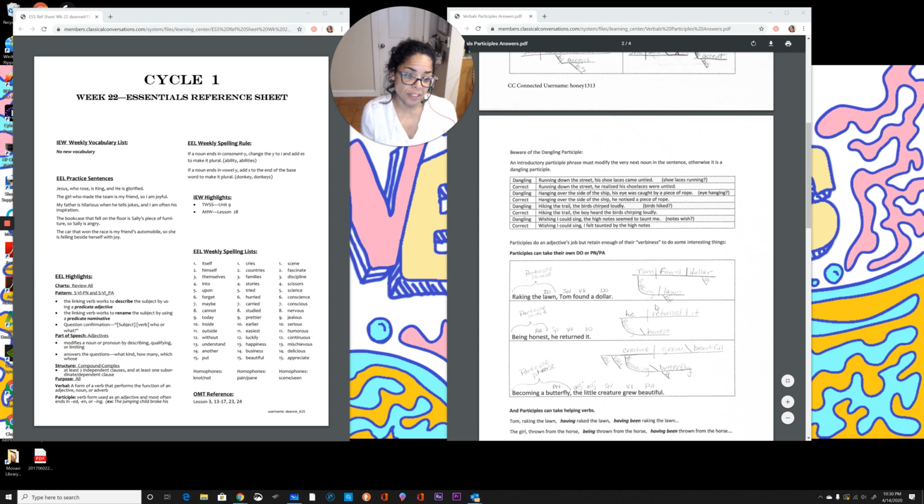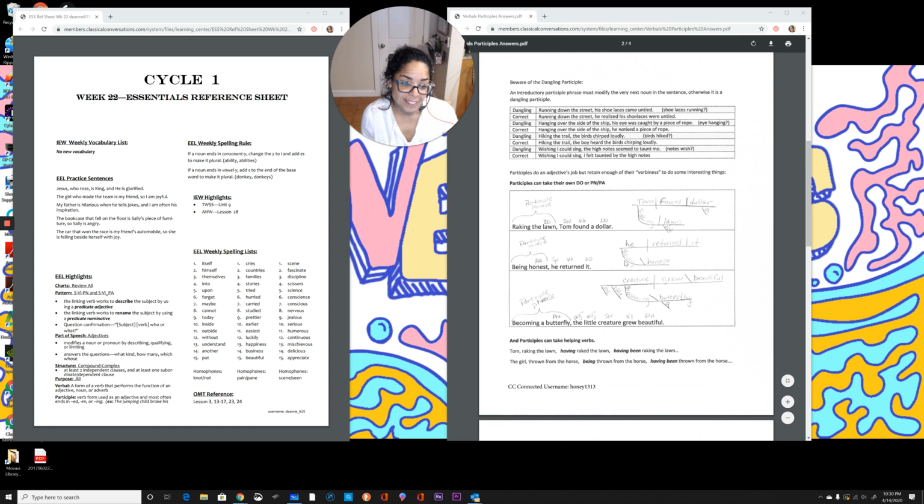So it's an adjective under Tom. Raking, it's almost like that participle phrase has an object, right? It has lawn as its object. What are you raking? You're raking the lawn. So this is how this is modified. Tom found a dollar.